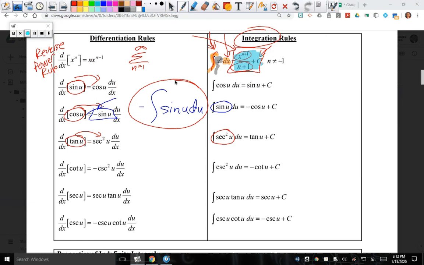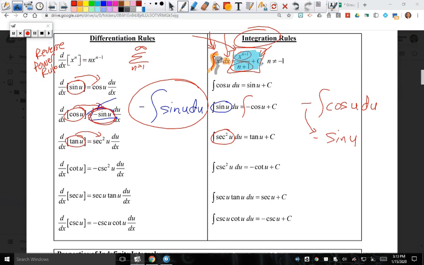But see, I'm trying to confuse you right now. I'm trying to get you to keep track of your negatives. What I should have done was integrate cosine, pulling out this negative. What's the integral of cosine of u? Sine. And then multiply this negative. That's how we get this negative sign.